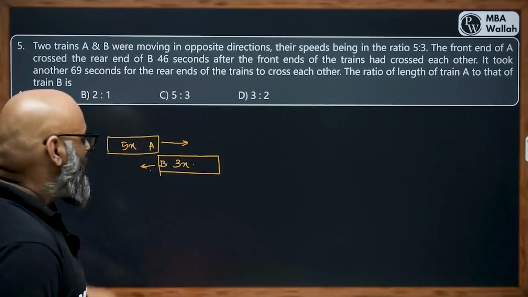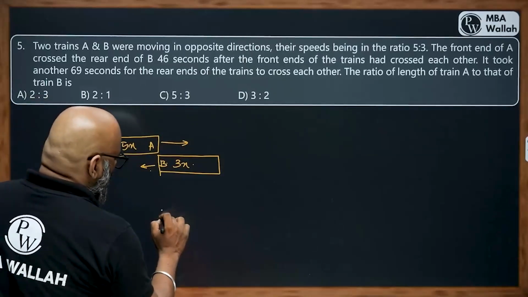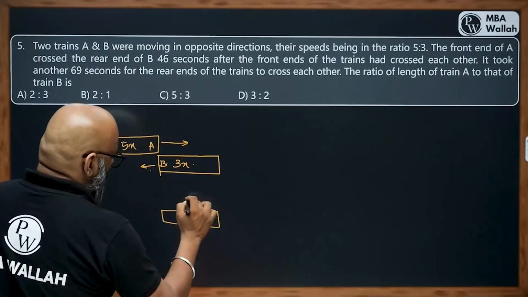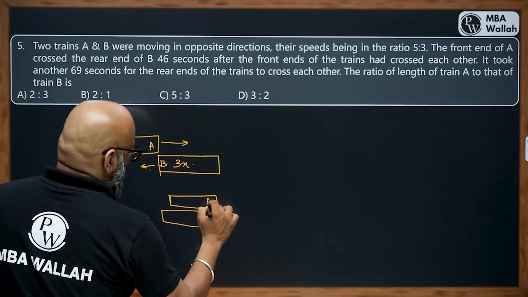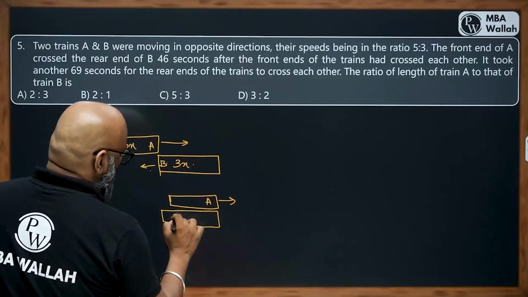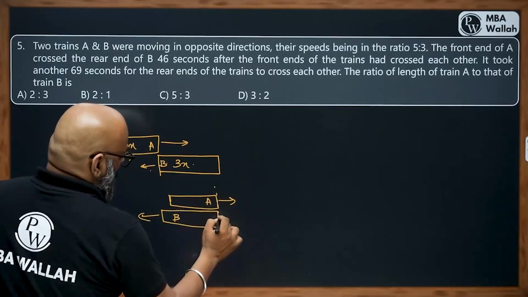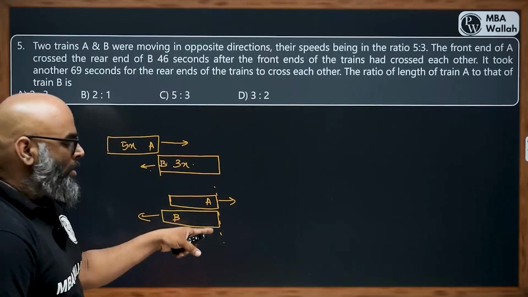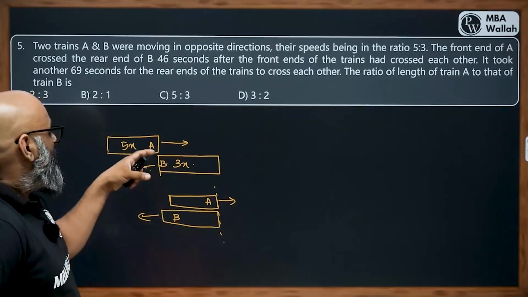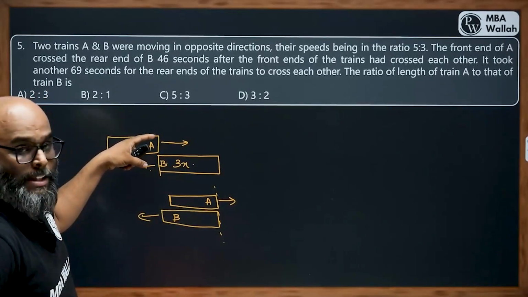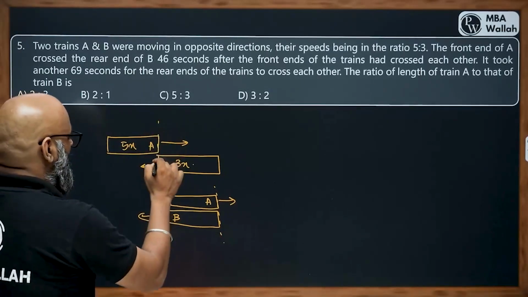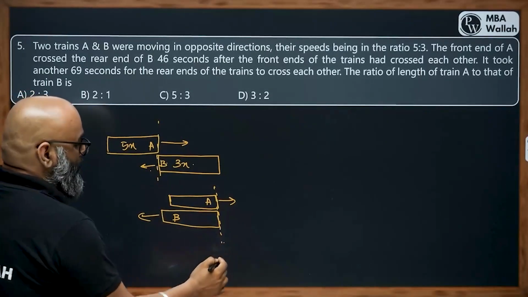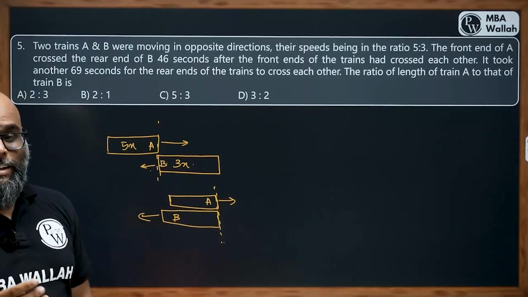From this point to a point where it would be something like this. This is A in this direction and this is B in this direction. The front end of A crosses the rear end of B 46 seconds after the front ends have crossed each other. So from this point to this point, it has taken 46 seconds.